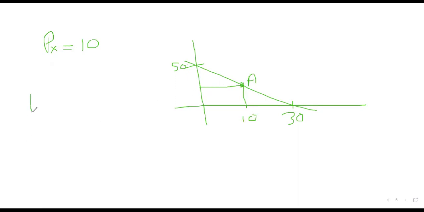Use the same equation: income is equal to price of X times X plus price of Y times Y.